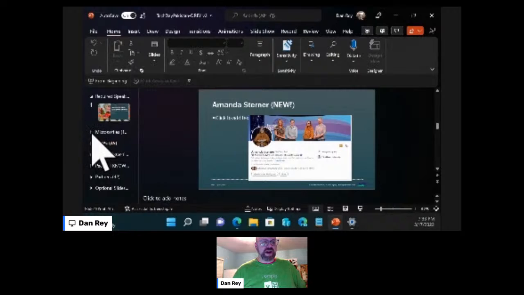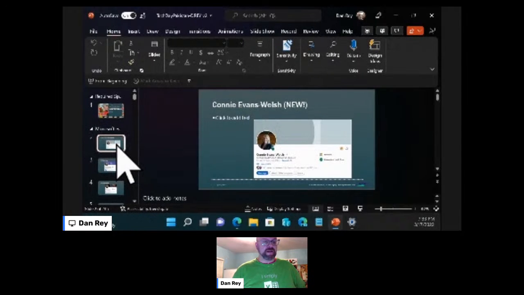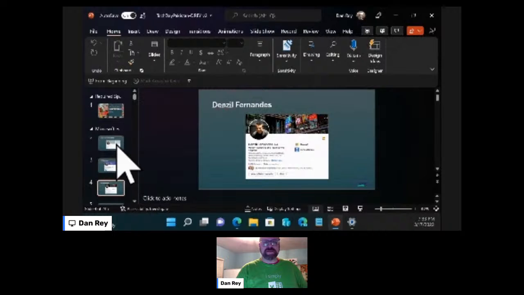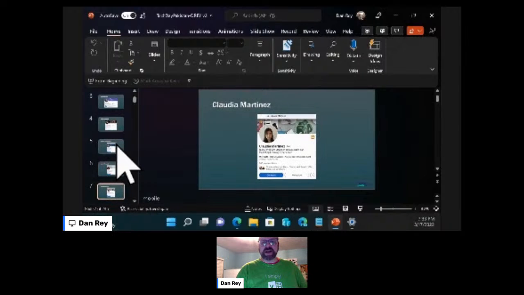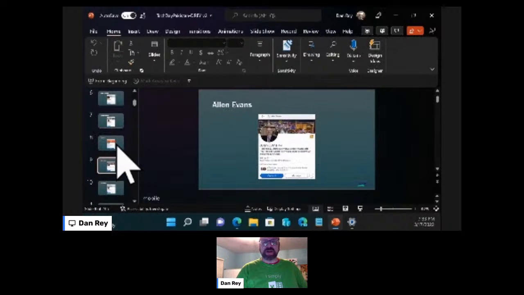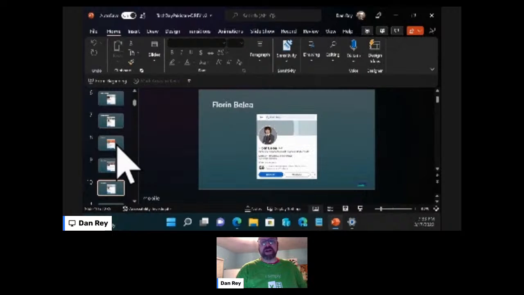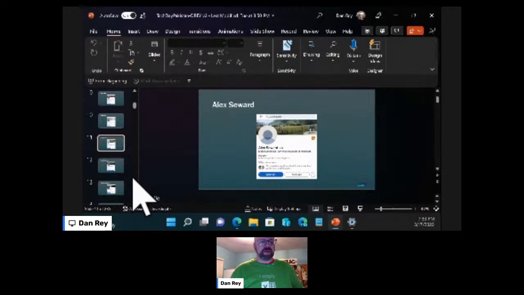So instead of just having everybody in the order that they came to mind, I've started with Microsoft contacts and started adding those contacts that work at Microsoft. Some are from my mobile device that I pulled their profile information from. Some are from my computer.